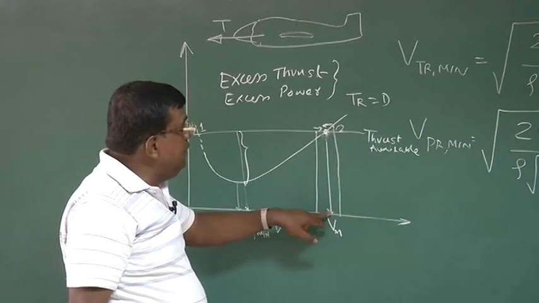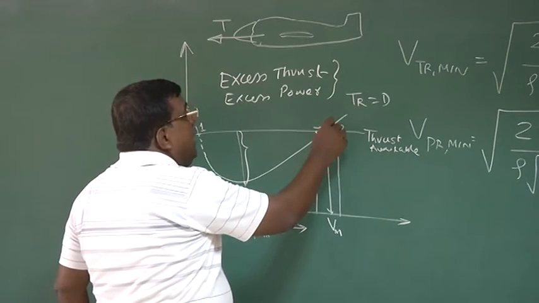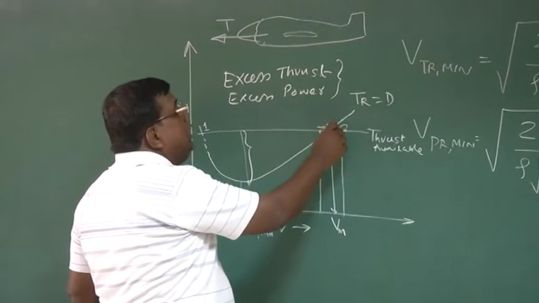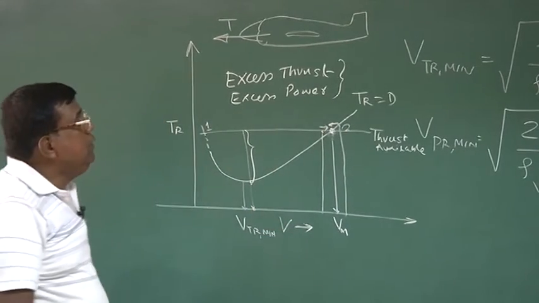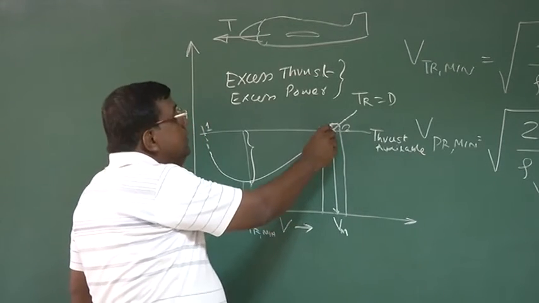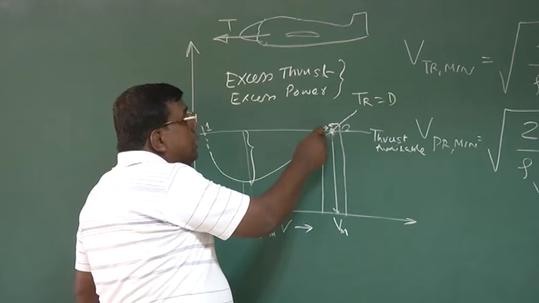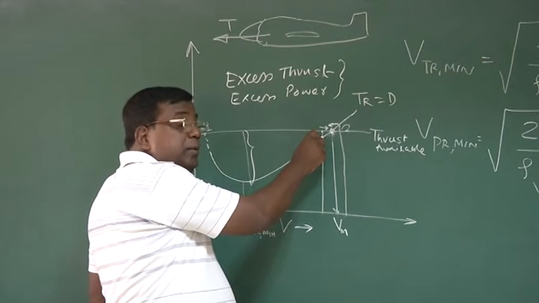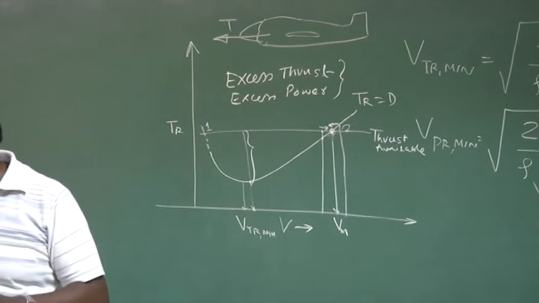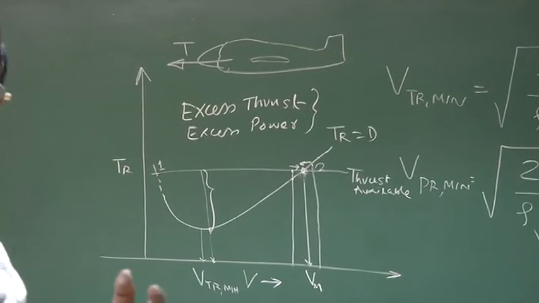If for some reason the velocity has increased, from this graph we could see now at this point the drag experienced by the airplane will be more than the thrust given by the engine, so it will start decelerating, so it will have a tendency to come back to this point. Similarly, if it is flying at a speed less than Vm, the thrust will be more than the drag experienced by the airplane, so it will have a tendency to go back to this point 2. So we say at point 2, the aircraft is statically stable as far as speed is concerned, right?